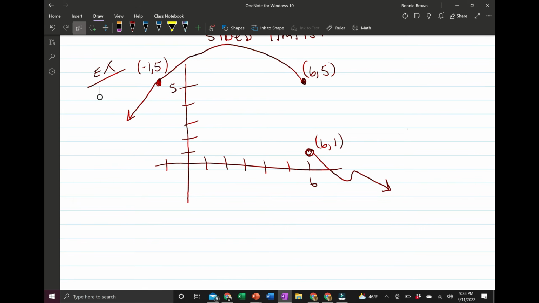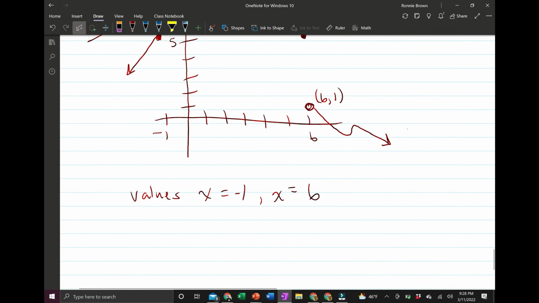All right, so look at the values where we have x equal to -1 and x equal to 6. x is equal to -1 right over here and x is equal to 6. Let's take a look at those values.